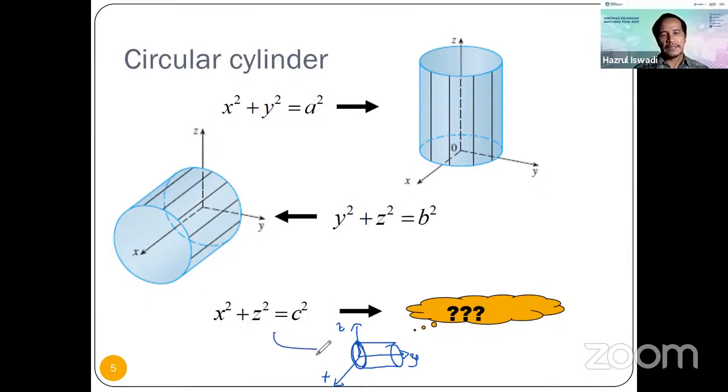So this is the circular cylinder for this formula.